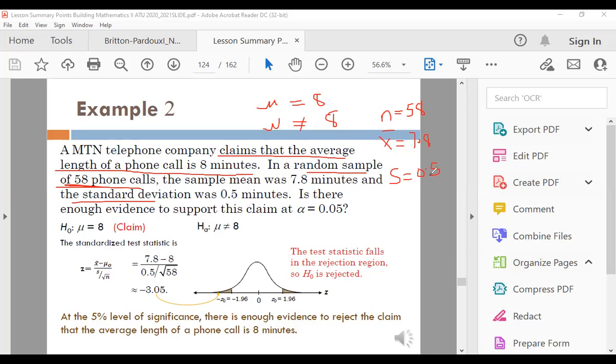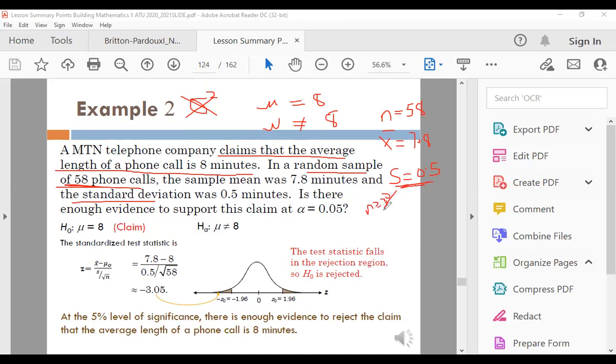So once again, I'm going to touch on step 3. We'll solve the whole question, but let's touch on step 3 first. In selecting our test statistic, you first check whether sigma has been given. In this question, sigma is not given. Sigma or sigma square has not been provided. It's rather the sample standard deviation that was provided. So what's next? You have to ask yourself whether your n is greater than or equal to 30, whether it is large.